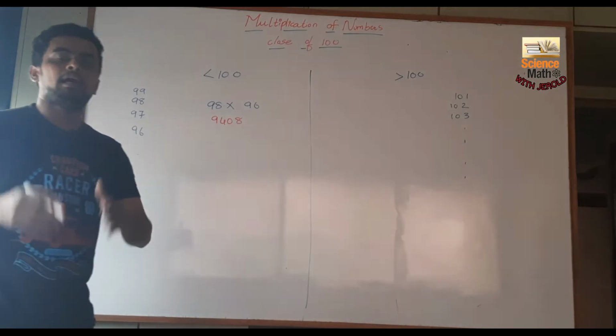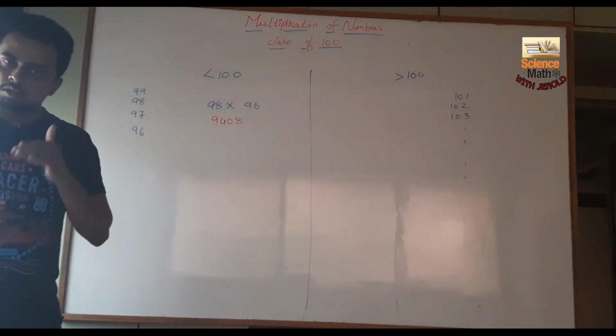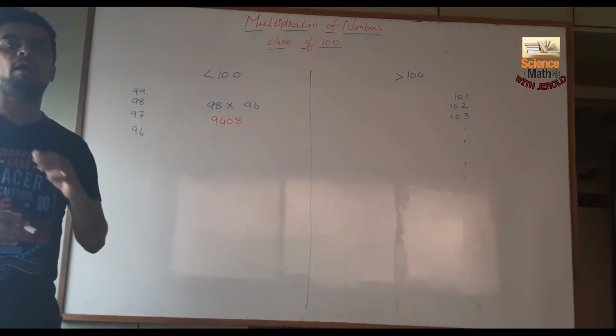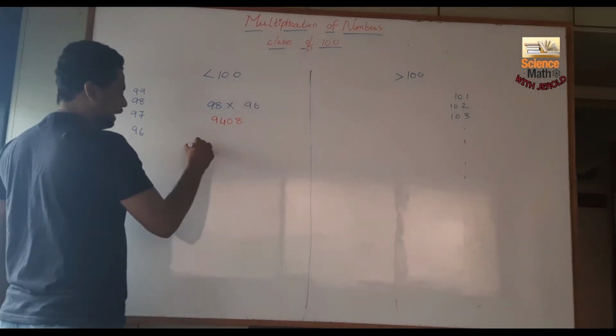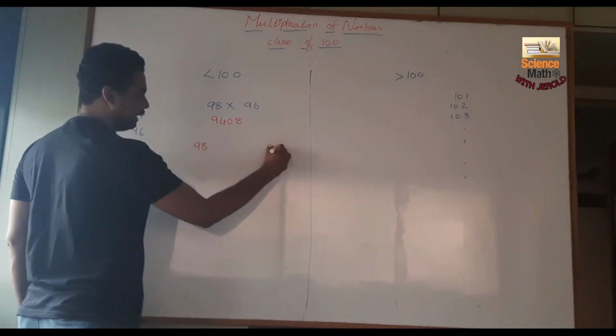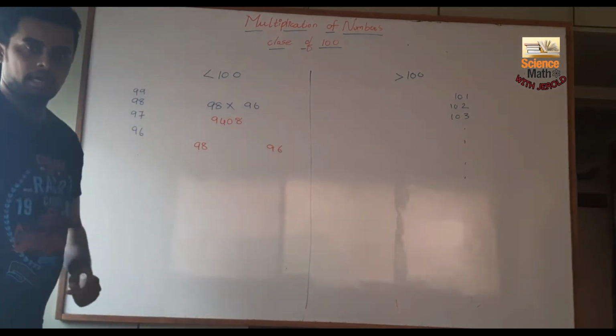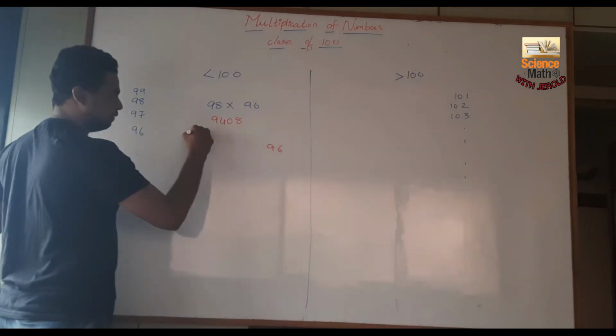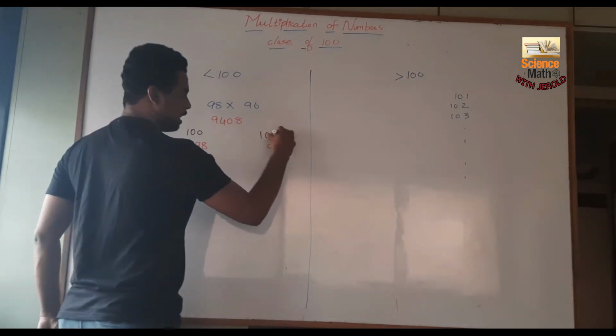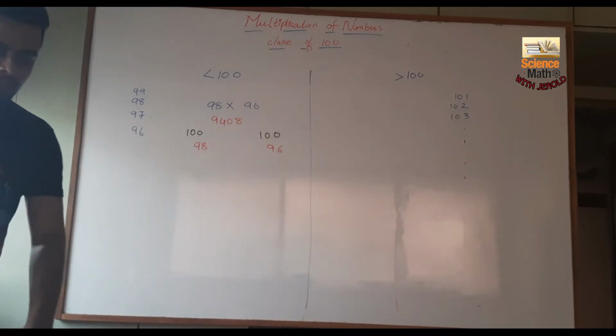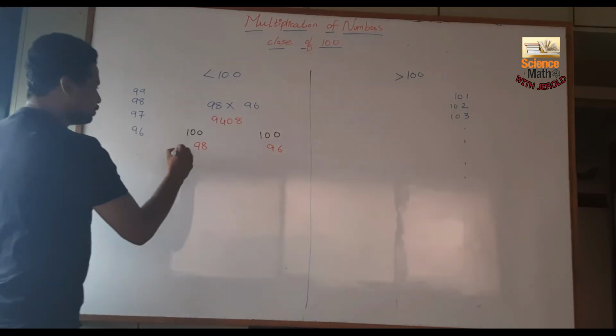I will divide the trick into small sections and tell you how it is done. 98 and 96. I will consider a number 100, and I will subtract these two numbers from it.